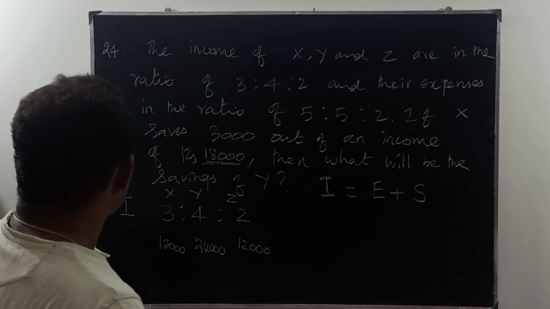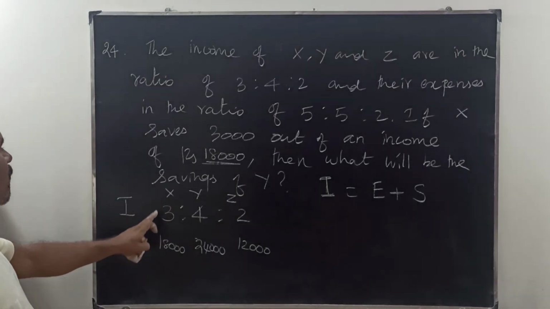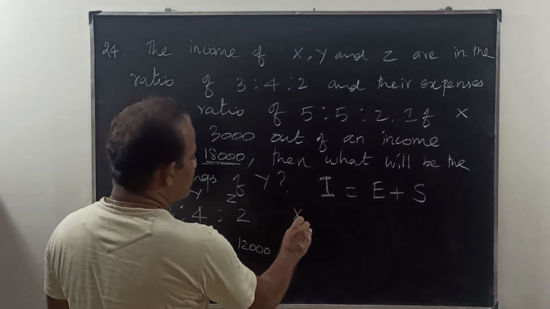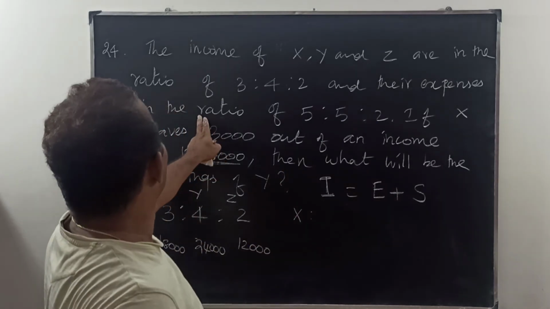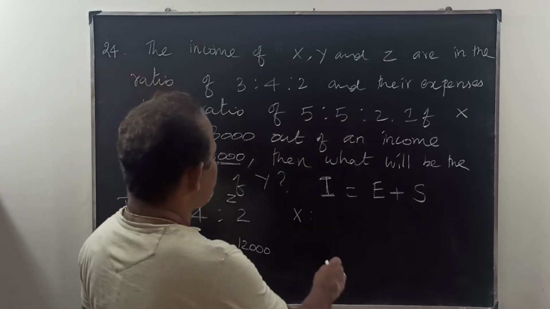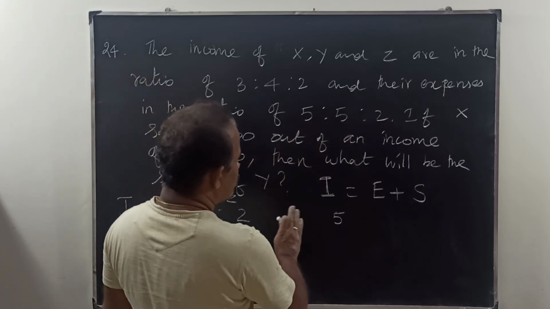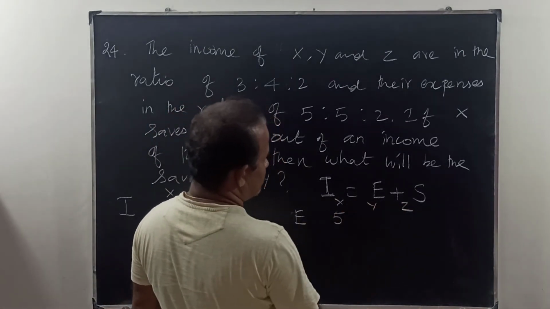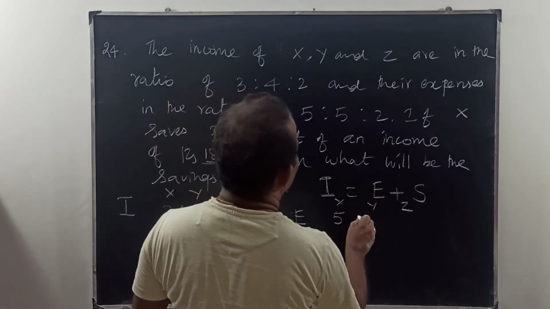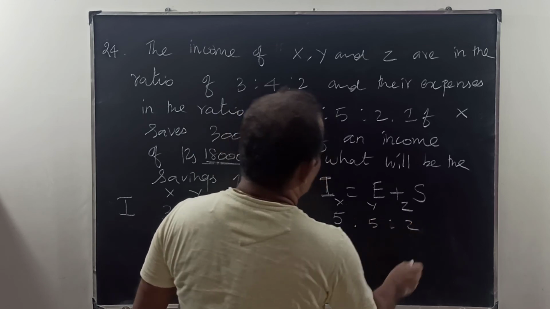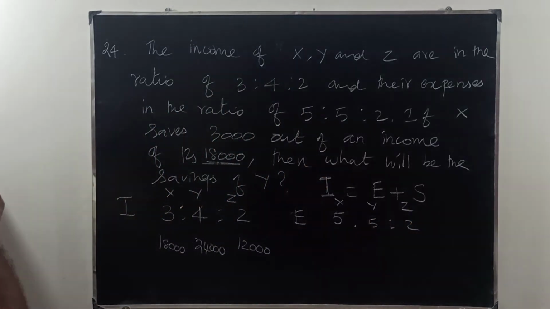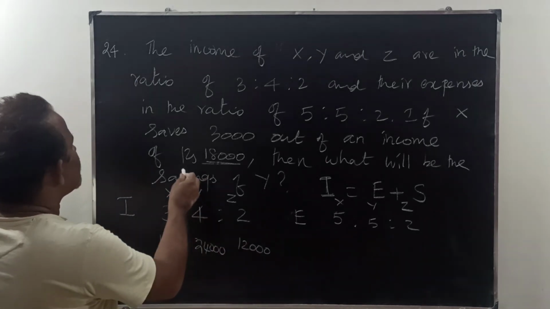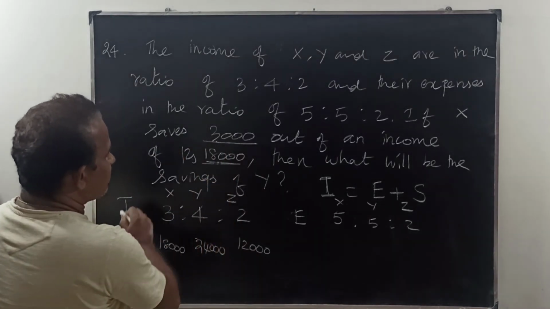Savings. Income minus savings is equal to expenditure. The expenditure ratio is also given: X, Y, Z is 5 is to 5 is to 2. Now, income of X is 18,000. The savings of X is 3,000.